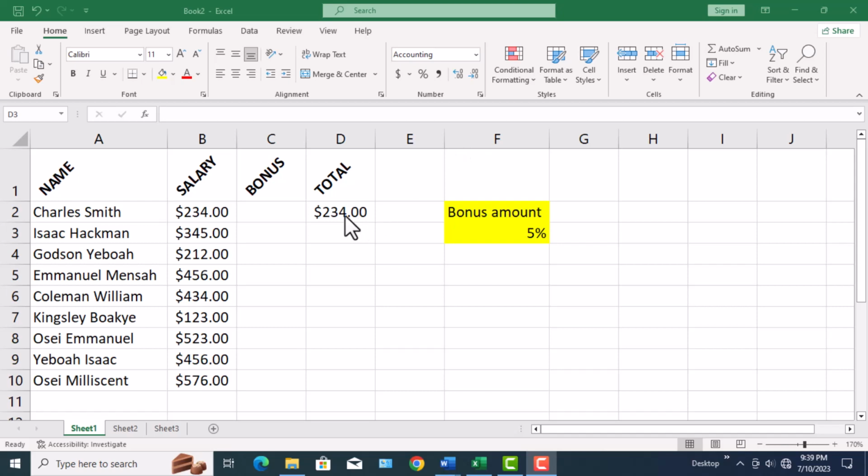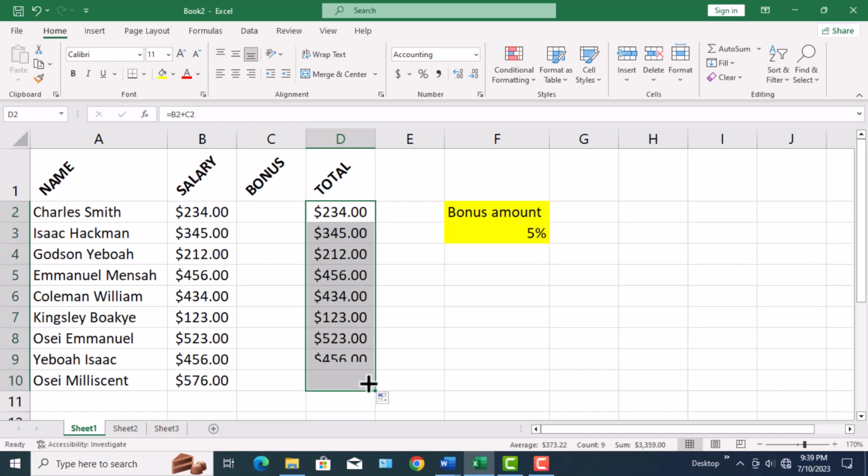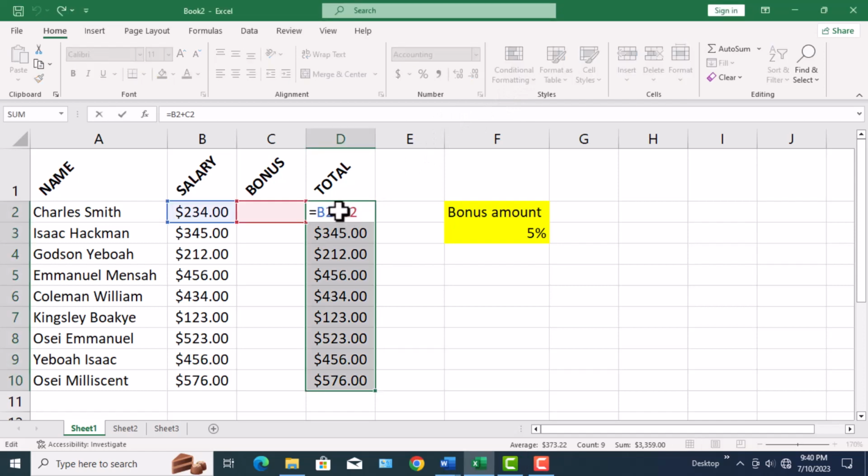After this, we would like to replicate this formula to cover all these people. So I'll click on the fill handle and drag it, then I'll get the total of all the people here. Now let's check the formula.